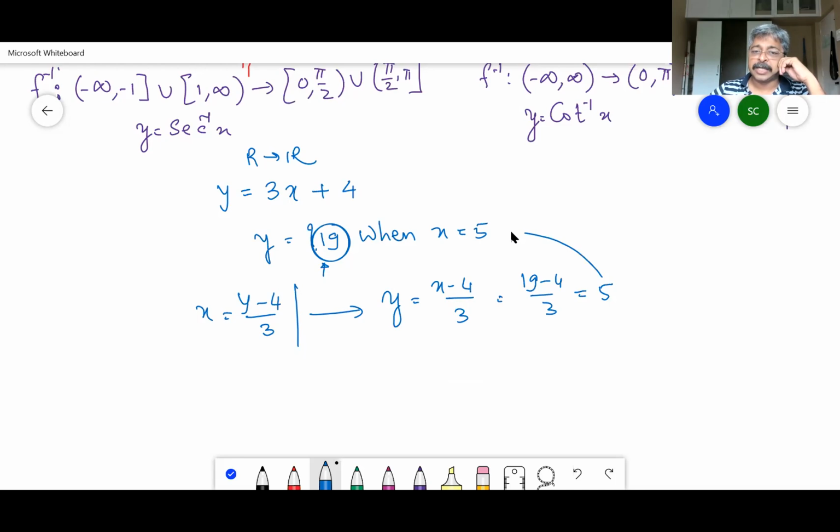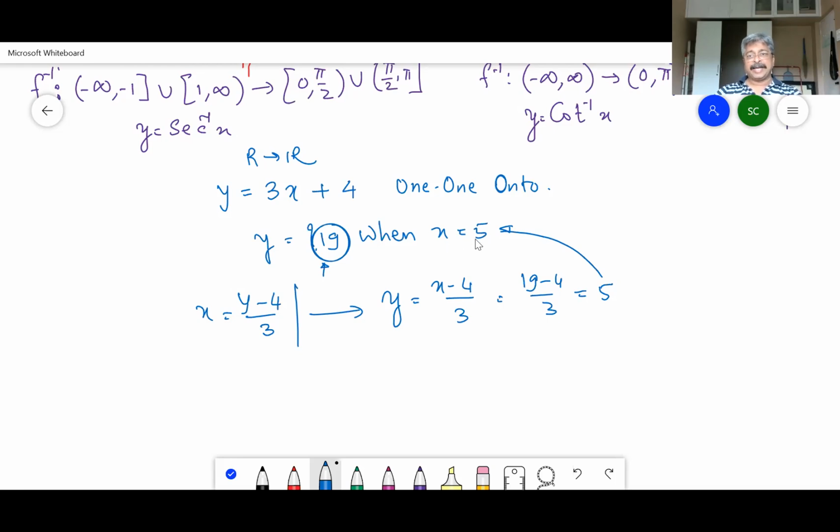That is what I started with, without much thinking, because the original function was one-one onto. Understood? So without any thinking, if I invert the function and do the calculations correctly, I will go back to the original value.